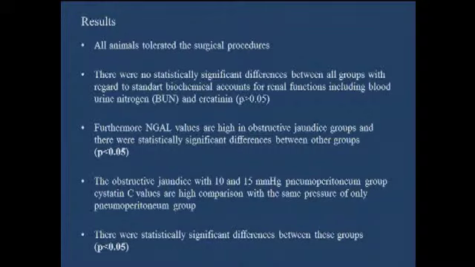In the obstructive jaundice groups with 10 and 15 mm pneumoperitoneum, cystatin C values are high in comparison with the same procedure of only the pneumoperitoneum group. There was a statistically significant difference between these groups.